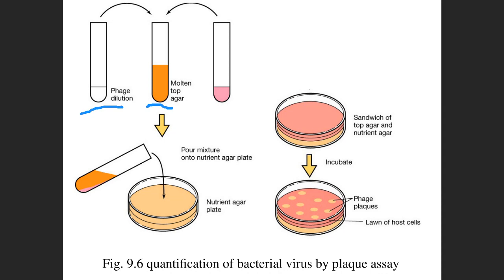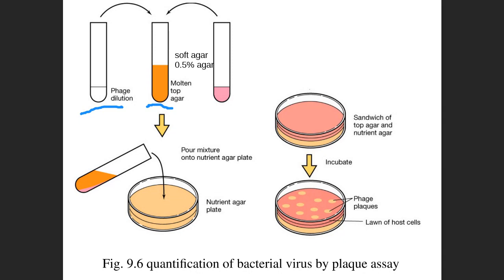That means 0.5% agar. Molten agar can also be called soft agar, which means we use 0.5% agar concentration.